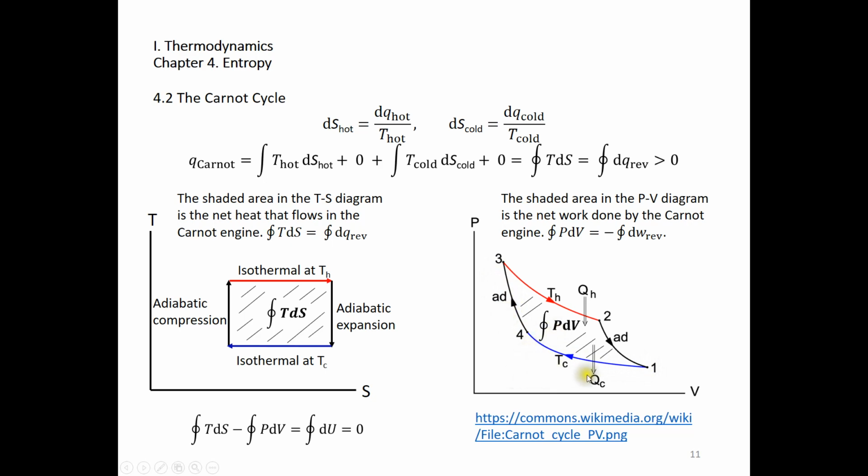So you need to subtract this much. Therefore, the shaded area is the cyclic integral of PdV, which is the cyclic integral of P external dV, which is the magnitude of work, because over here we do not have that negative sign. In the expression of work, we have work is equal to negative integral of P external dV.